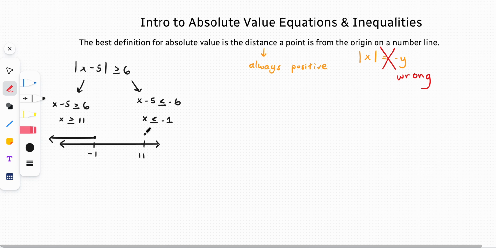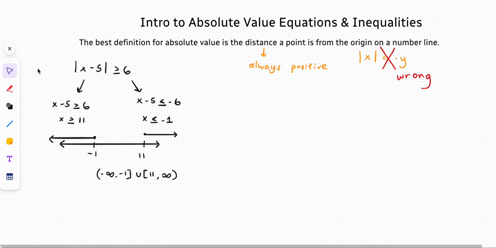And 11 is inclusive as well, but we want everything that is greater than 11. So for our interval notation, we have negative infinity to negative 1, that's inclusive, union, everything from 11 to positive infinity. This collection of ranges is going to be our answer.